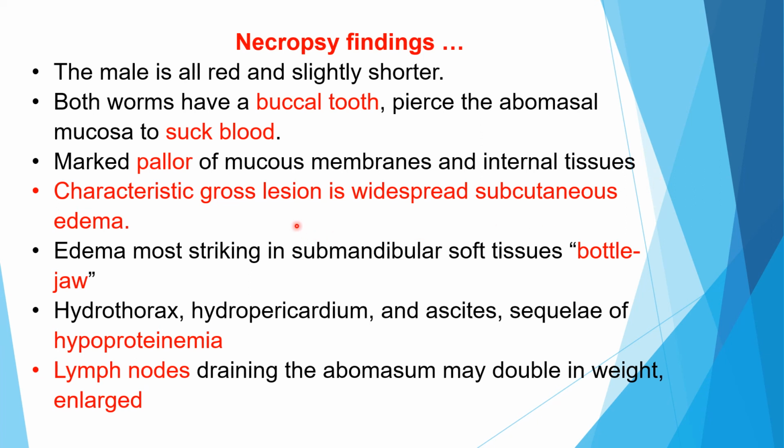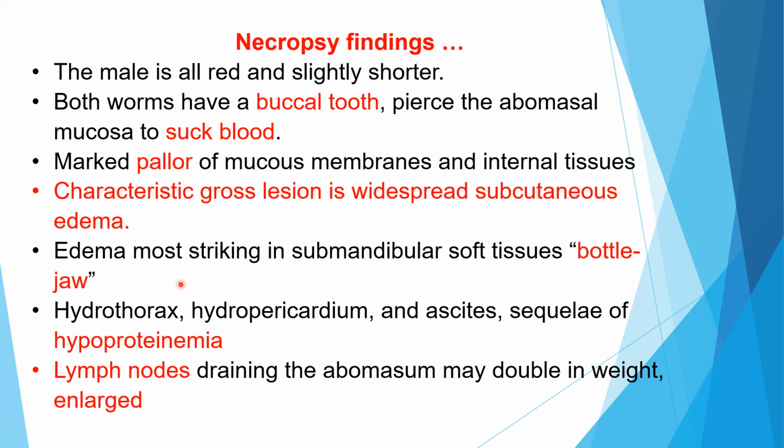A characteristic gross lesion is widespread subcutaneous edema everywhere. The edema is most prominent in the submandibular soft tissues, called bottle jaw. Many parasites produce this bottle jaw condition because of hypoproteinemia.